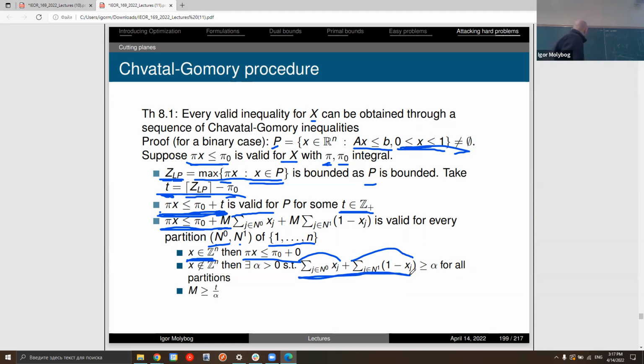And then let's say that our x_j is the non-integral component of the vector x, and this is our lattice.